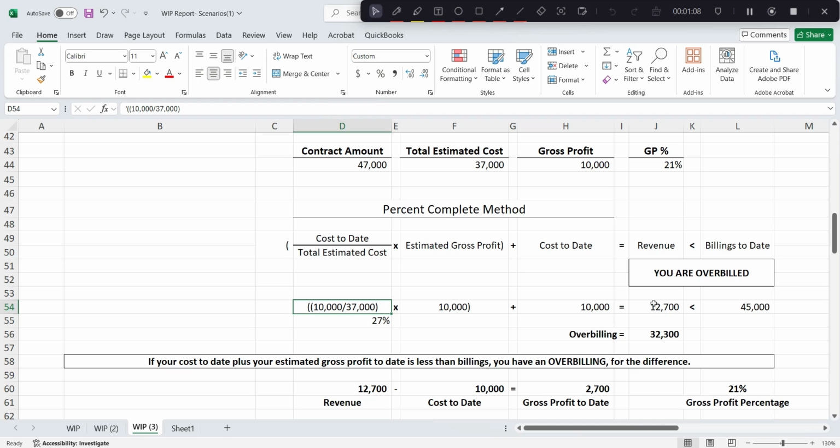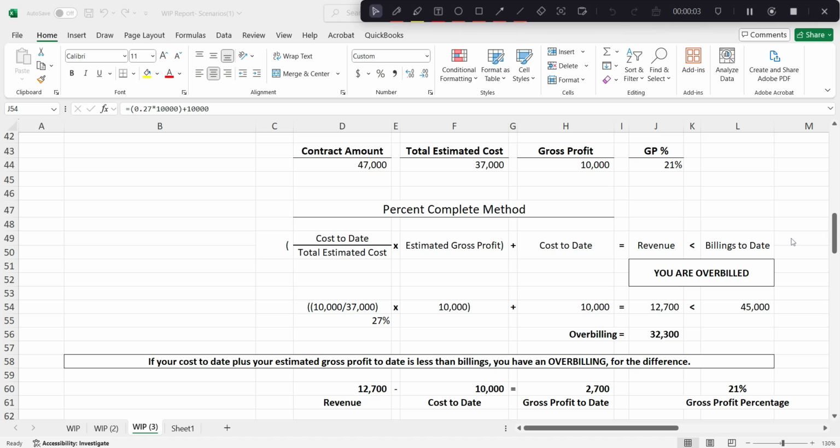We add it to the cost, and we arrive at the total earned revenues. This is how much revenue we should have recognized in order to arrive at a gross profit of 21%. As we see here, $12,700 is a lot less than $45,000, which is the amount we billed through 2023.